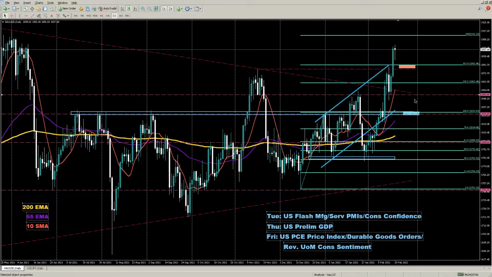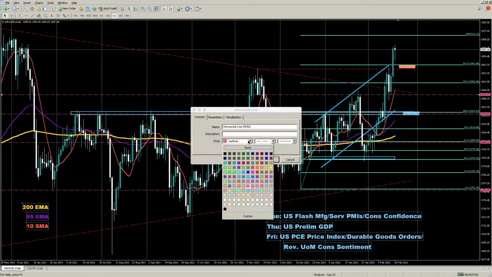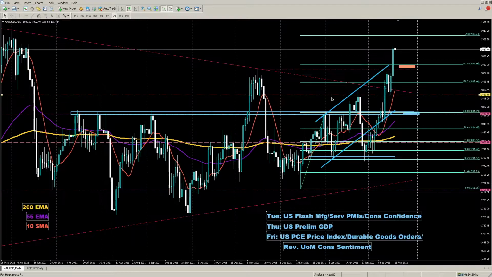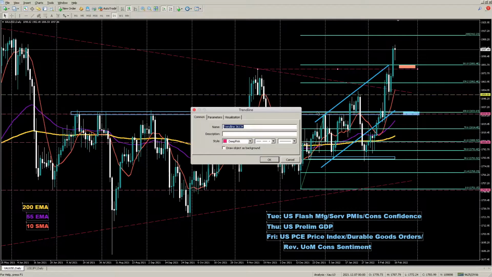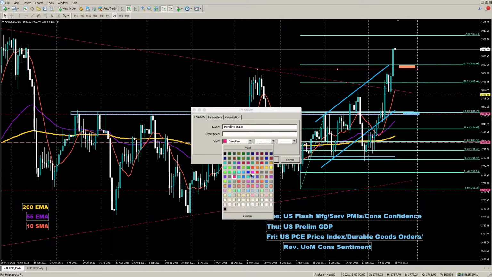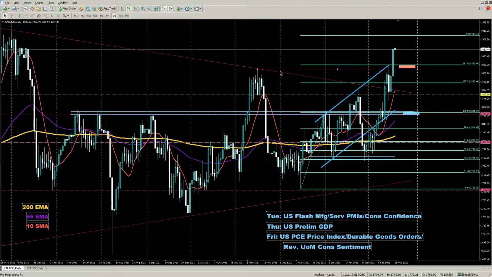Let me just change all these colors. This was the 1850 area, and this was the swing high. This is swing high here. Recent swing high at the 1862 and change that formed the resistance zone.